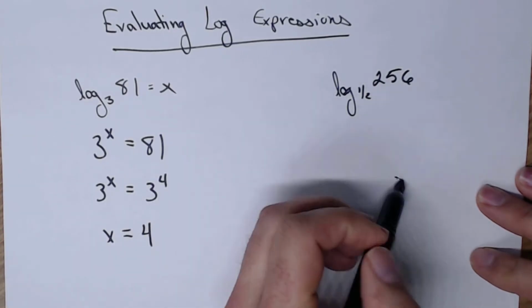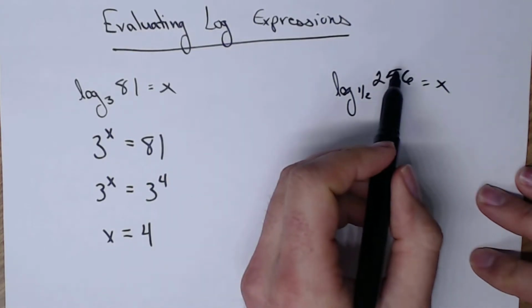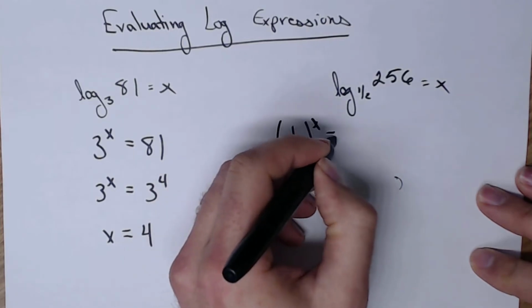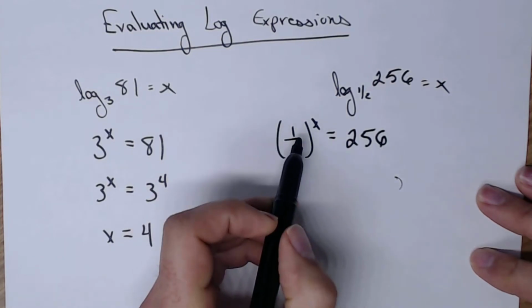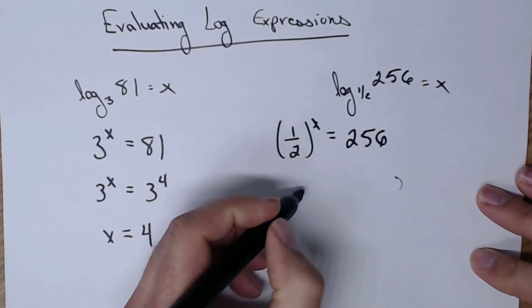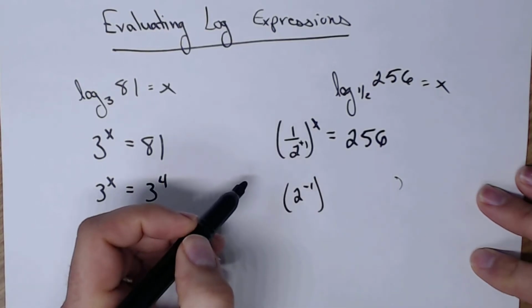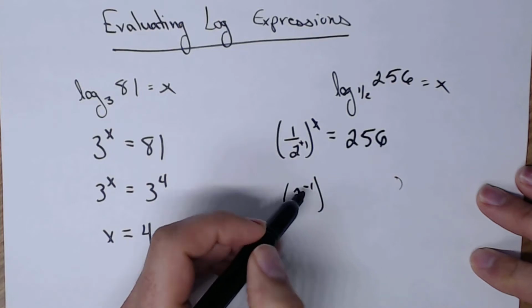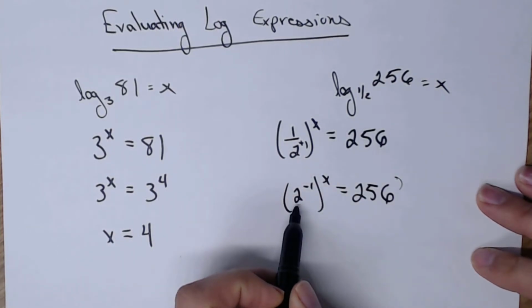We're going to do the same thing over here, except this one's going to look kind of funky. 1/2 to the x equals 256. Well, 1/2 is the same as 2 to the negative 1, because there's a positive 1 on that 2 in the denominator. If I move it up, it becomes a negative exponent. Well, now I just have something that's a base 2.